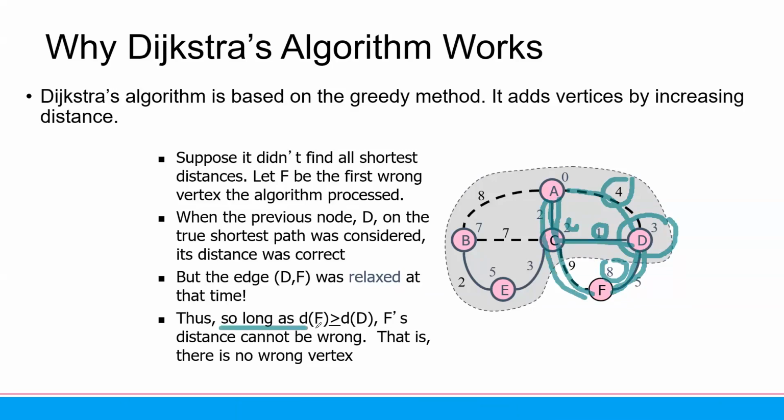Thus, so long as d[F] is greater than d[D], the distance to F is greater than the distance to D, the F distance cannot be wrong. So if this one is 3, and this distance is 8, then no problem. This is correct. There will be no wrong vertex.